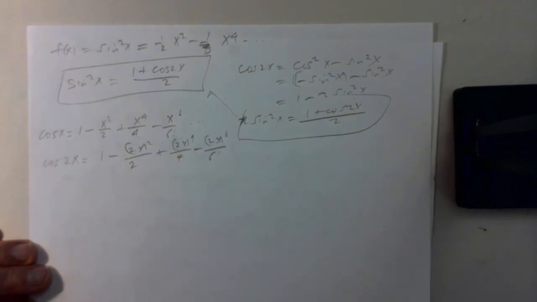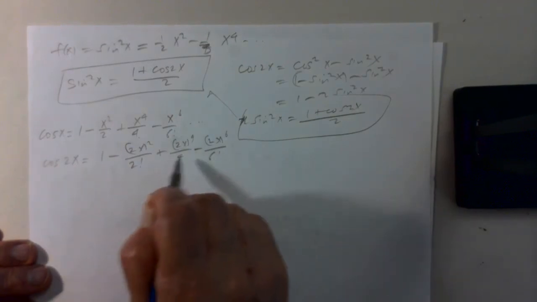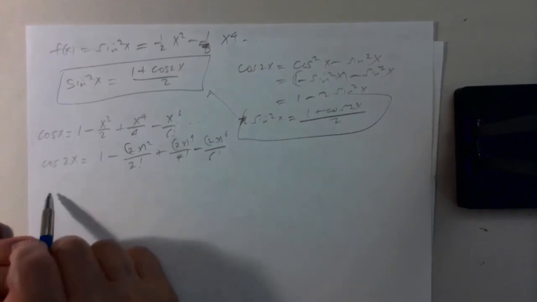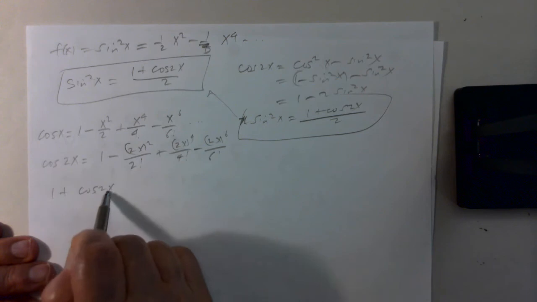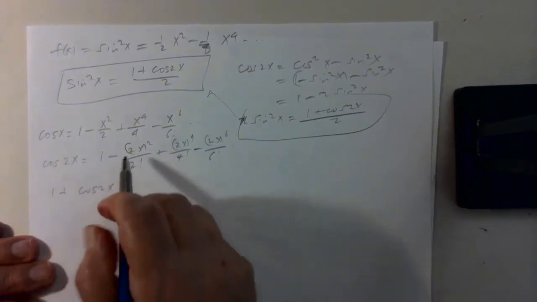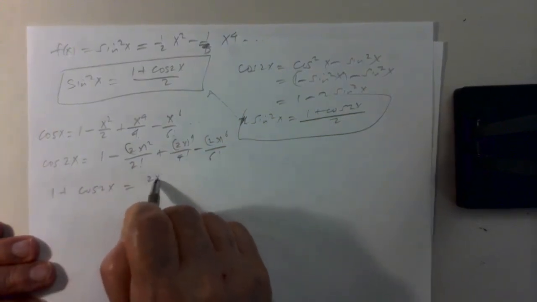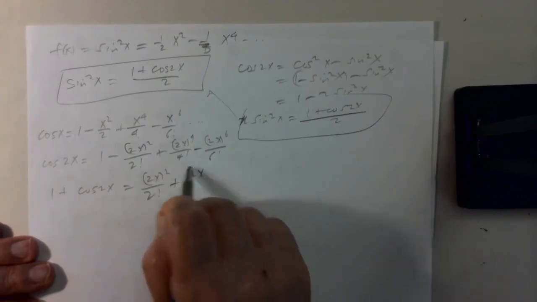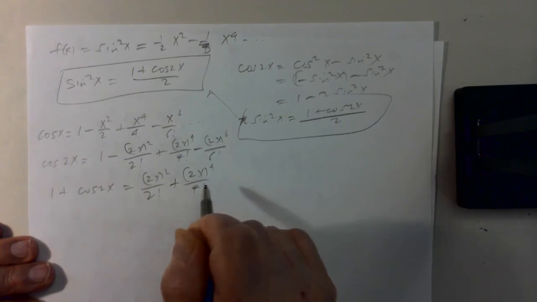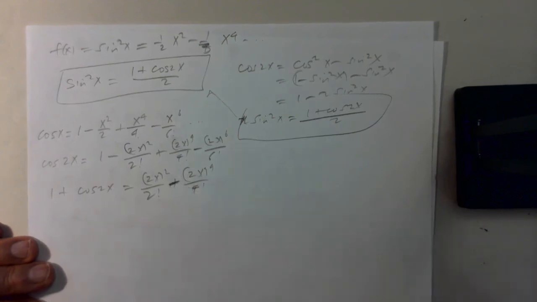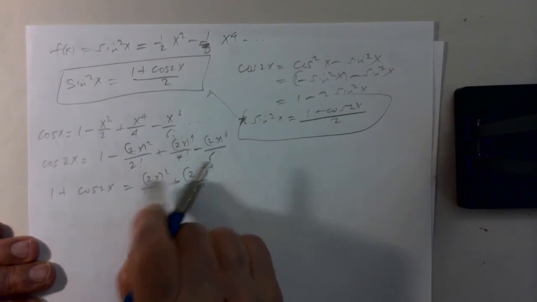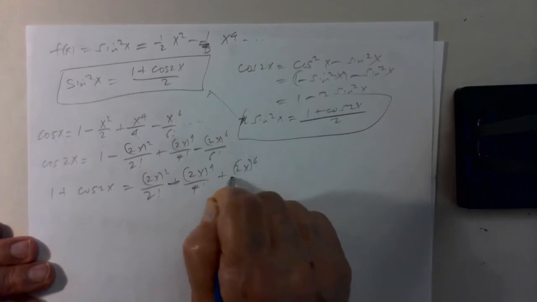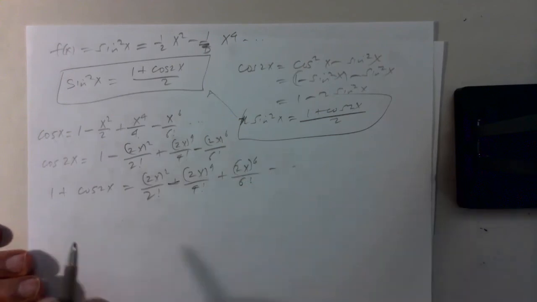Sorry, yes, that's right, over 6 factorial. This is 2 factorial, 4 factorial. So 1 plus the cosine of 2x is equal to 2x squared over 2 factorial, I'm just rearranging this, plus 2x to the 4th over 4 factorial, sorry, minus, plus 2x to the 6th over 6 factorial and so forth.